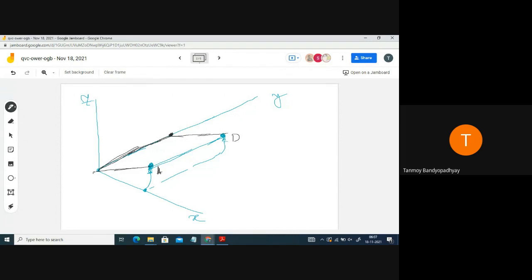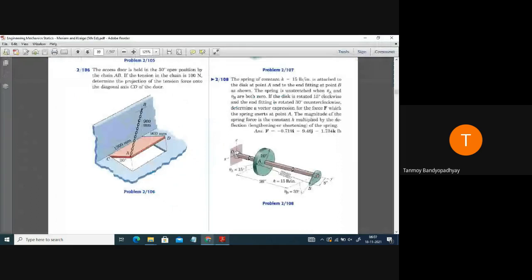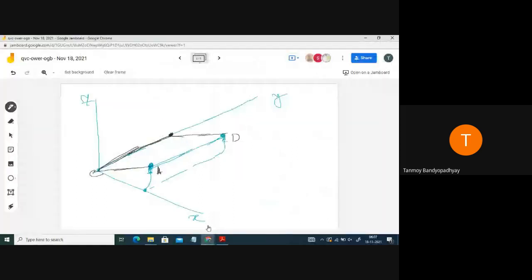This point is C. At this point there is a vertical line of height say 900 millimeter, and then that's being joined. This angle is given to be 30 degrees. If I draw a vertical parallel to Z, there is a point somewhere here, which we are calling B. The supporting string passes from this point. So this is the string.